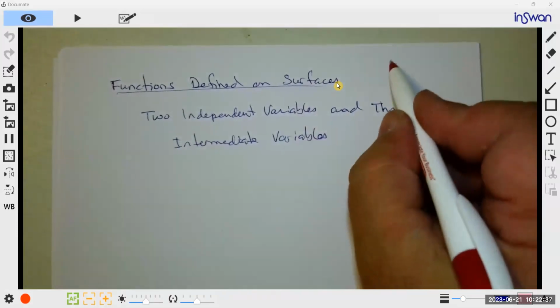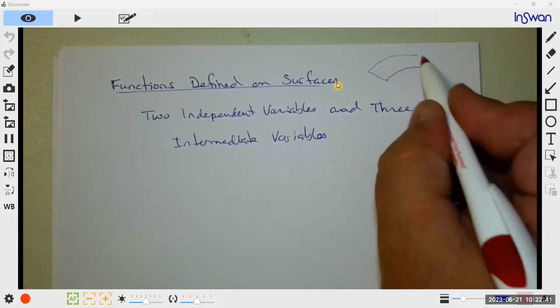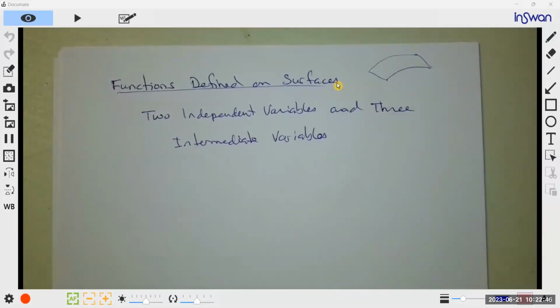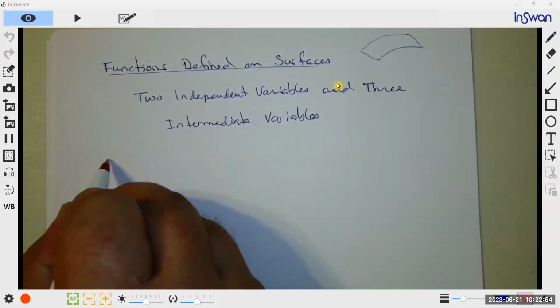Because in order to have a surface, you have to have a length and a width. If you have more than that, then you have a volume. The theorem there says this.